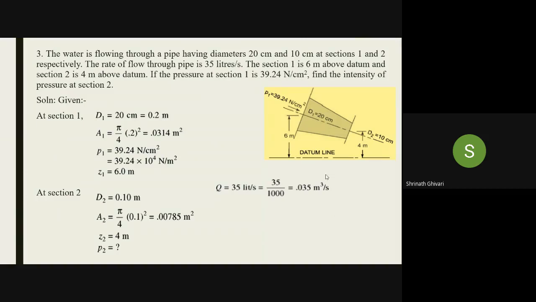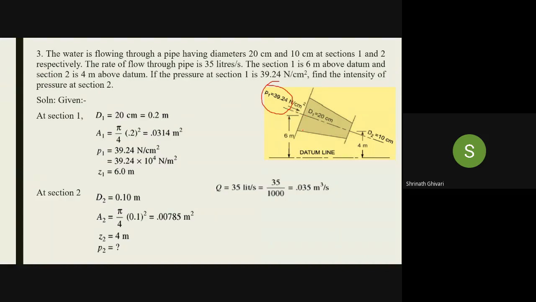Diameters are given. Diameters at one section and diameters at other section, right? So there is a pipe which is flowing in the descending order. It's a descending pipe, right? So at one end the diameter is more and at the other end the diameter is less. Where the diameter is more, it is 20 centimeter, and the diameter less is 10 centimeter. Now the pressure at section 1 is 39.24 Newton per centimeter square.